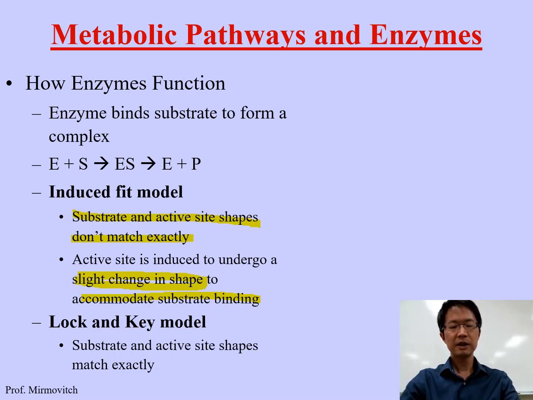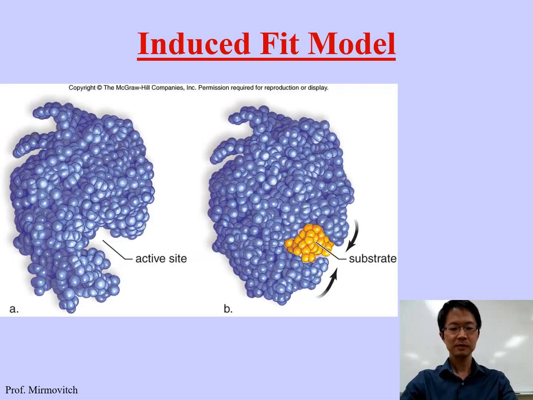And then there's another model called lock and key hypothesis, meaning that the substrate and the active site, they match perfectly. So it's like a key going into a lock. So active site and then substrate. As you can see that the active site originally is like this shape, and then after binding to a substrate, it becomes this shape. You can see that it is the induced fit model.